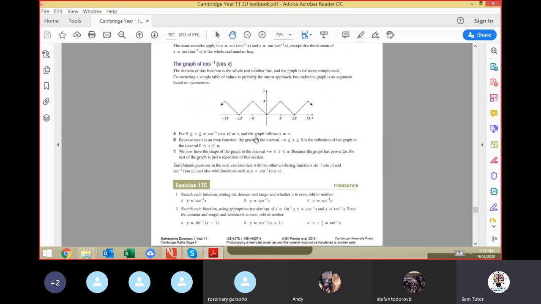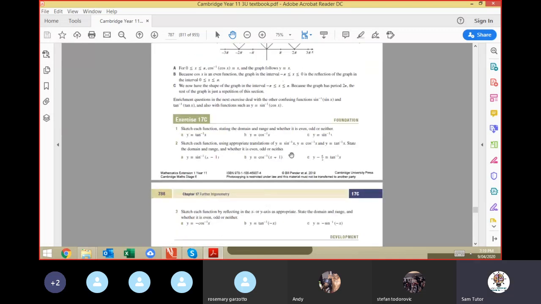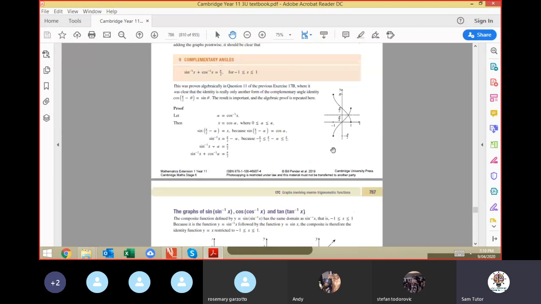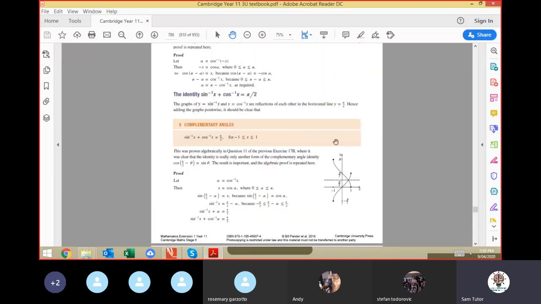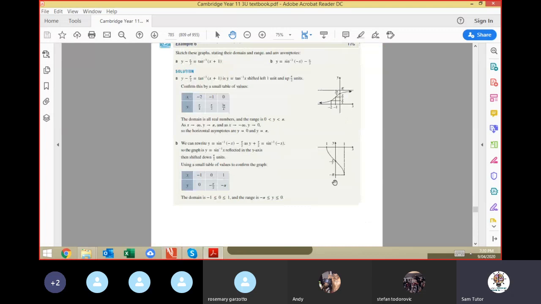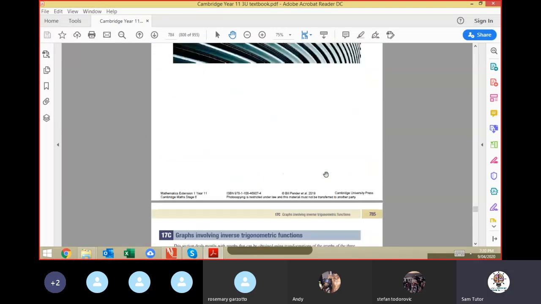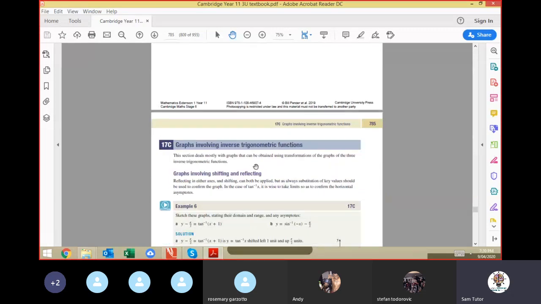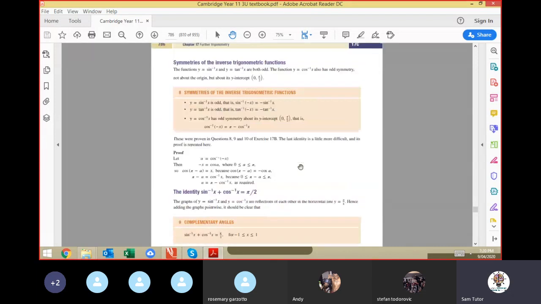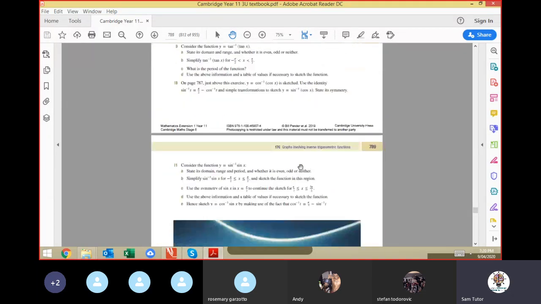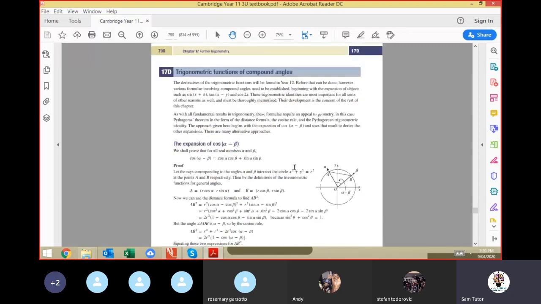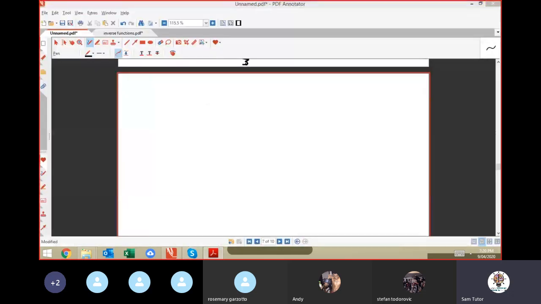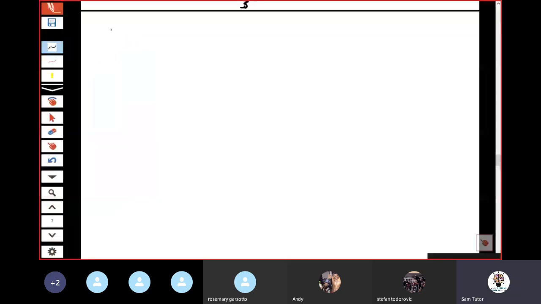The graphs. Okay. Inverse trig functions.